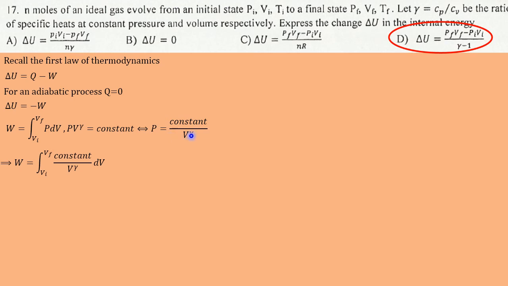Now when we have this value of P substituted in the expression for the work, we have W equals the integral from Vi to Vf of constant divided by V raised to the gamma dV.